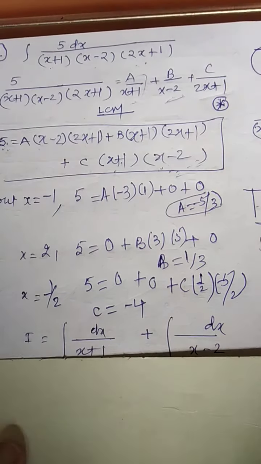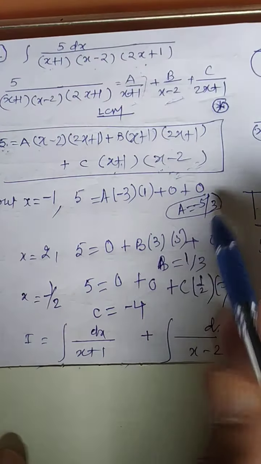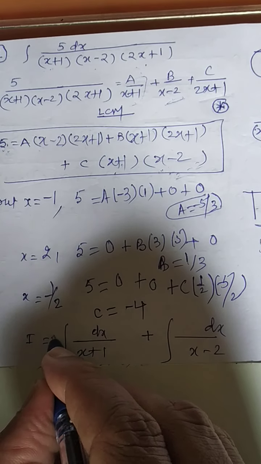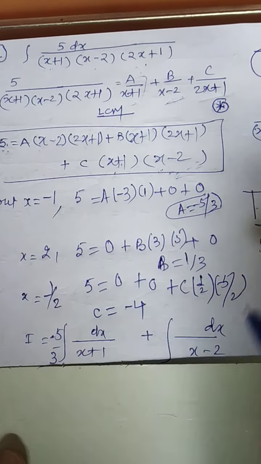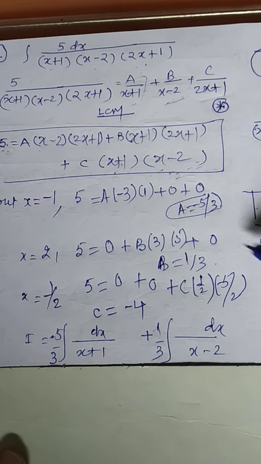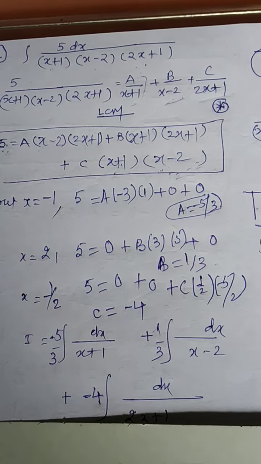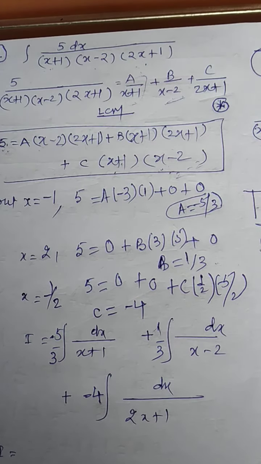So replace the values in the expression star. A, what is A? Minus 5/3. B, 1/3. The value of C which is to be replaced here will be nothing but minus 4. Now you know how to integrate this.